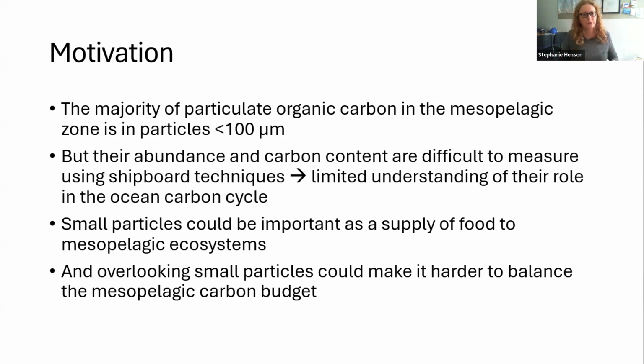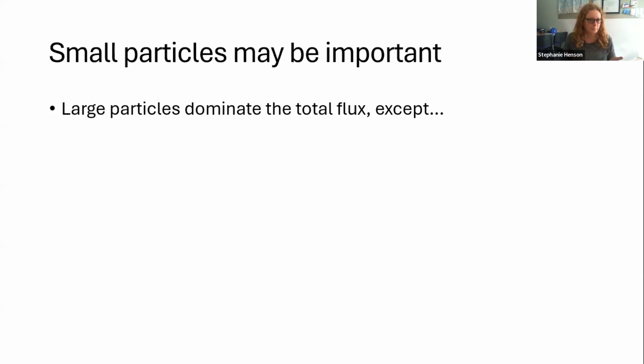But we think that small particles could potentially be important as a supply of food to mesopelagic ecosystems, and possibly also overlooking small particles in mesopelagic carbon supply and demand budgets could make it harder to balance those budgets. So we think that small particles may well be important.